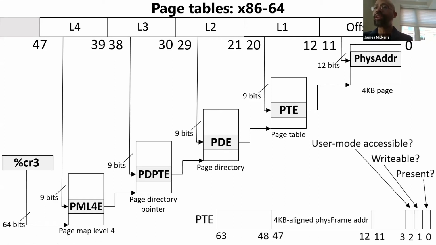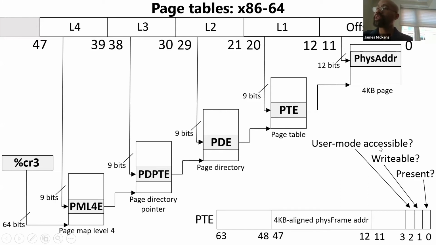And if we look at, for example, one of these PTE entries, the last level page table entries, what do we see? One of the things that we see in that PTE is the physical address of the physical page that contains the mapped virtual address that we're trying to translate. Off to the right, we'll also see some bits for things like, is this page writable?